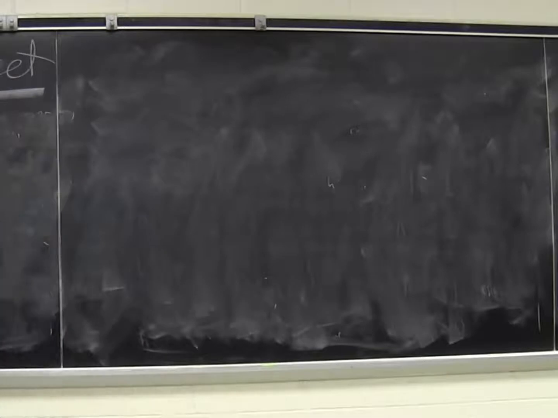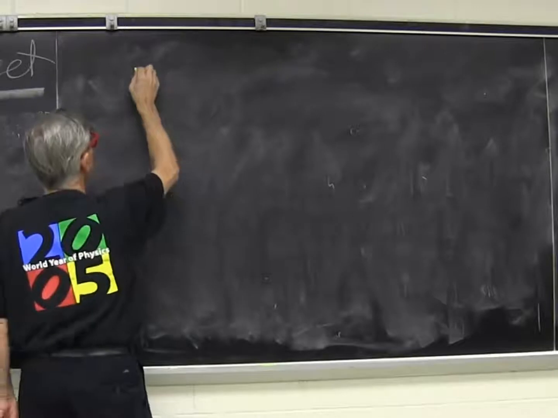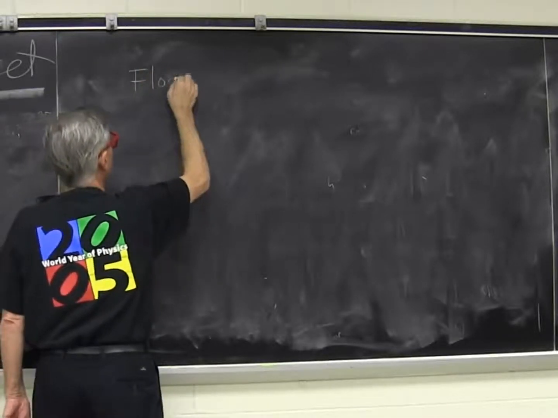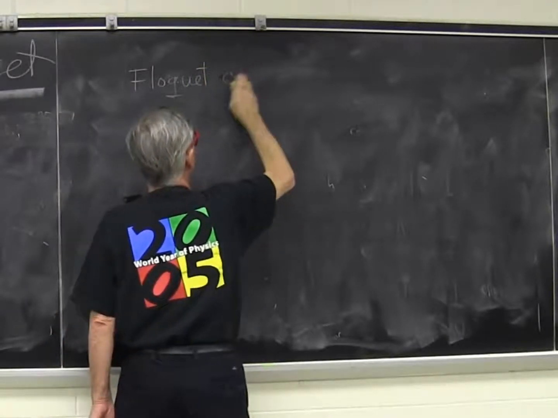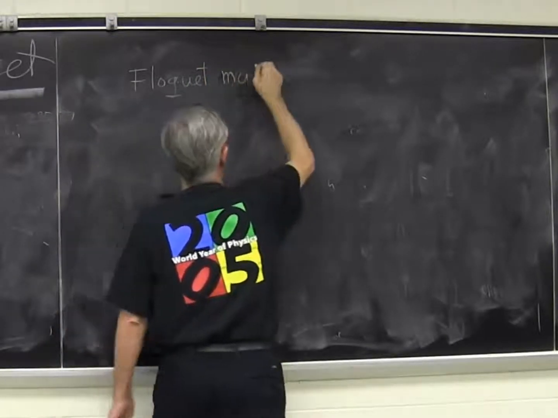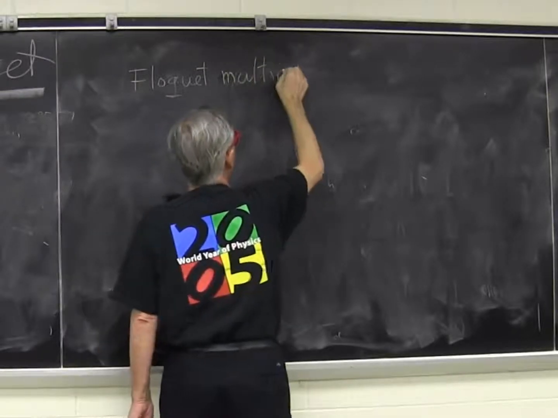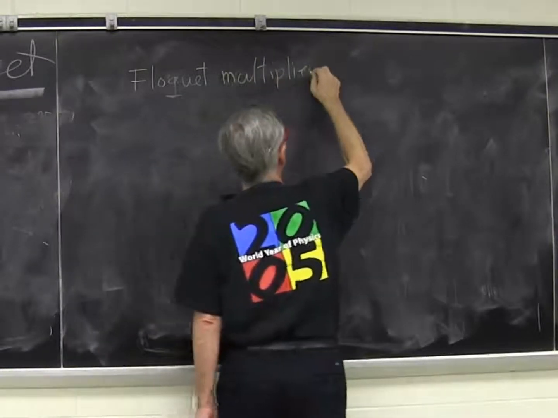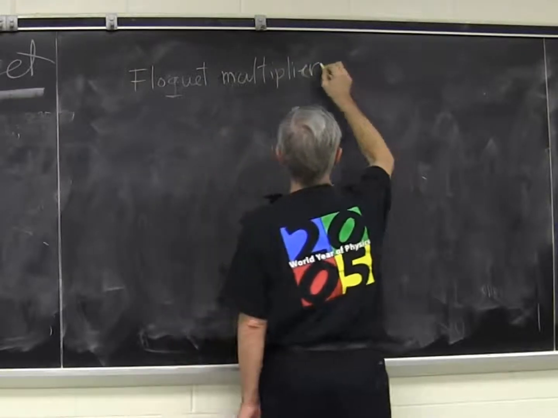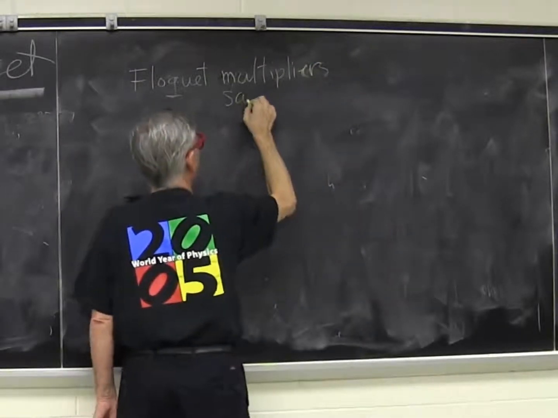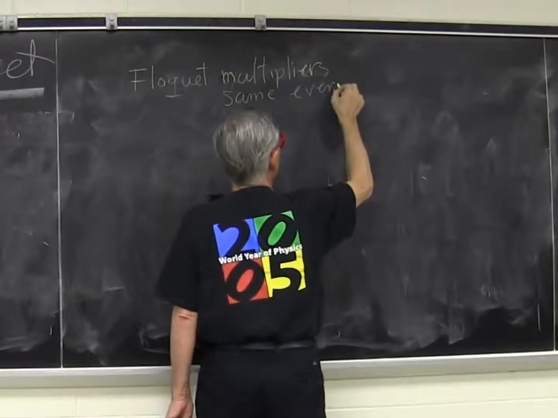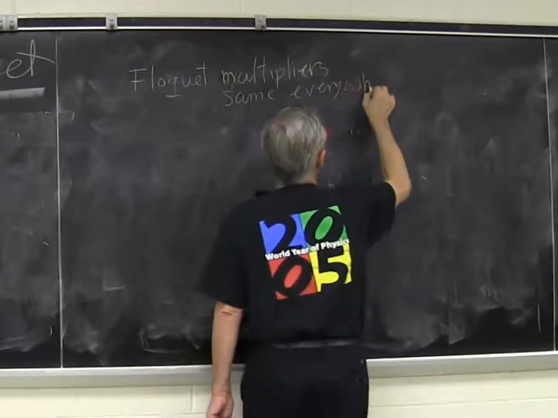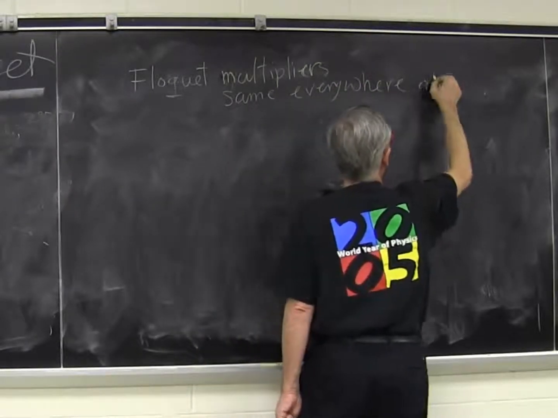So the first thing that's comforting about periodic orbits is that Floquet multipliers, or exponents, the multiplier is the natural object for dynamics, Floquet multipliers, are the same everywhere along the periodic orbit.